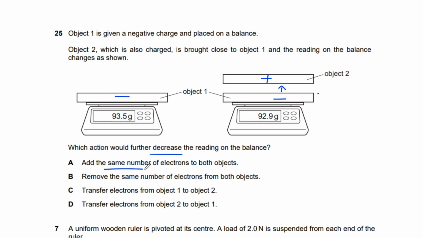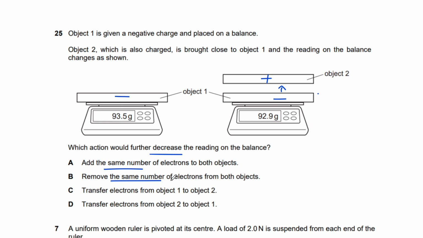It says add the same number of electrons to both objects. If the same number of electrons, it will have no effect. It will just be the same. And to remove the same number of electrons from both objects, again, if we perform the same action, it will not be different.